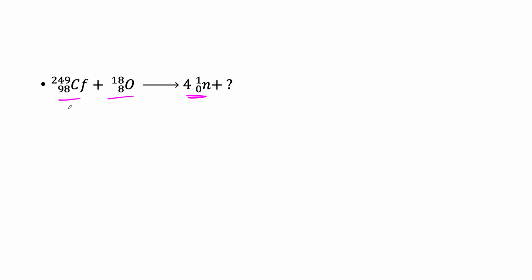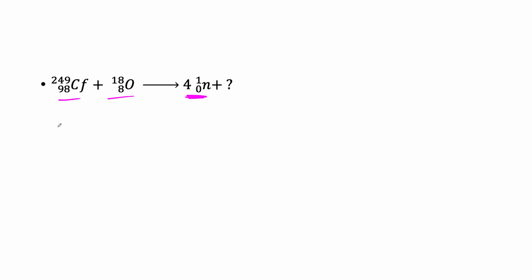What we have here is californium 249 being bombarded by oxygen 18, and we're going to get something produced, plus 4 neutrons. In the problem set, if there's more than one neutron or other particle being produced, that will be given to you. So you don't have to figure out what that 4 is.